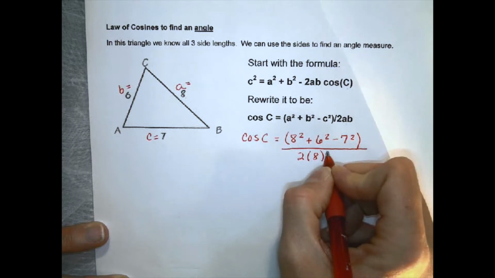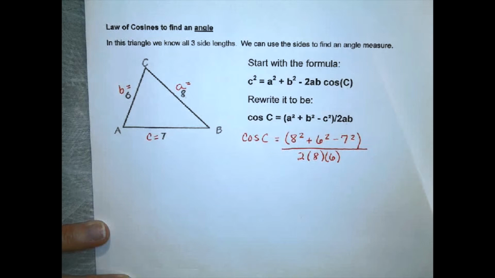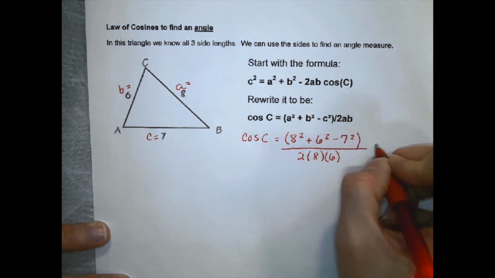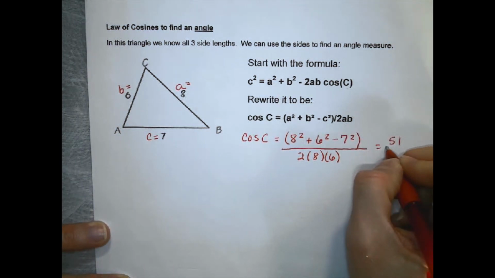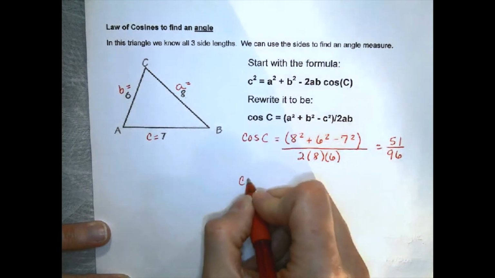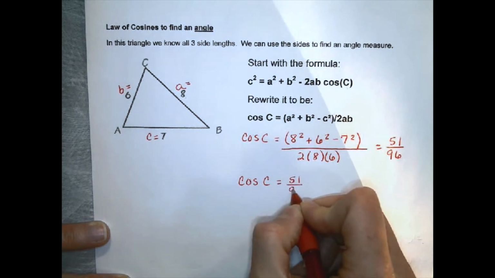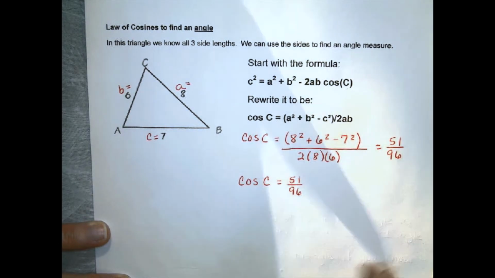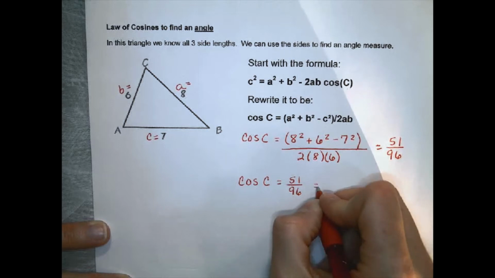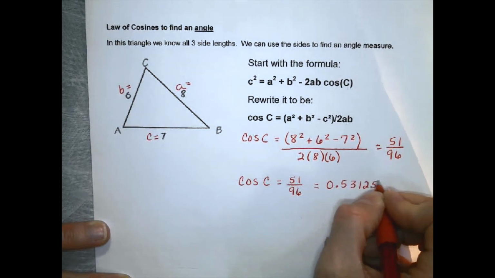When I simplify all of this, I will find that I have 51 divided by 96. So this means that the cosine of C equals 51 over 96, which comes out to be approximately 0.53125.